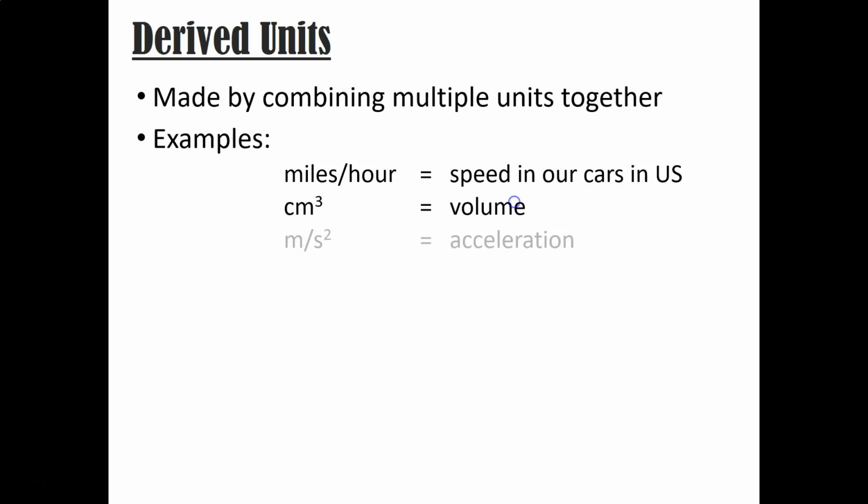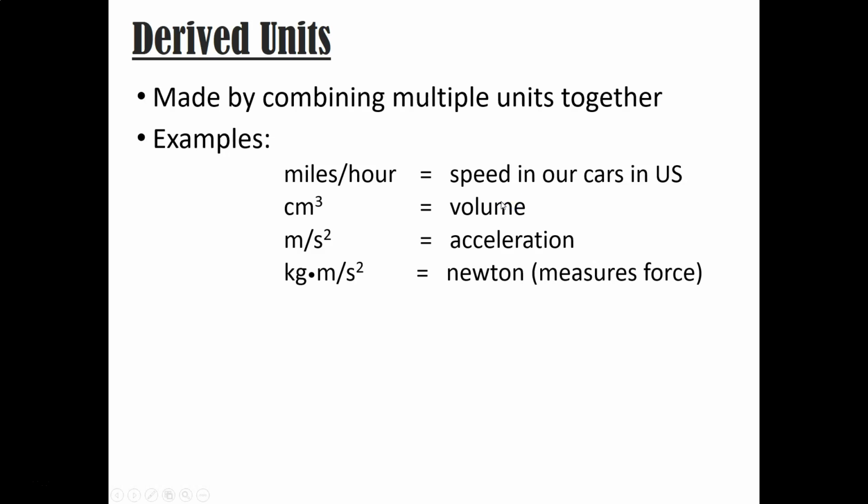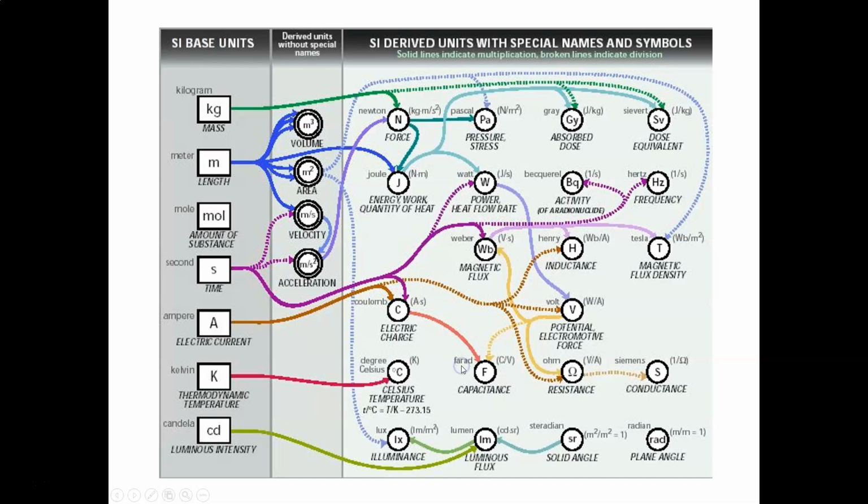If you take physics, we see this a lot. In physics, they use a lot of derived units because they're doing things that are combining lots of different pieces together, and they get these brand new units. You can see here's some SI base units, and then here's all the crazy things that they can combine and make new units out of.